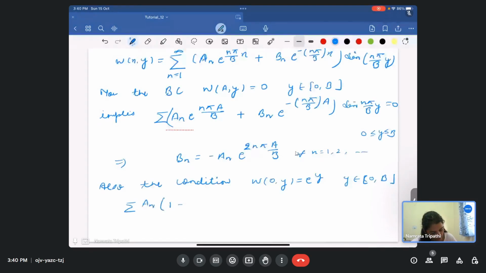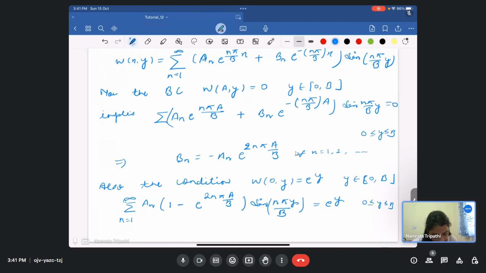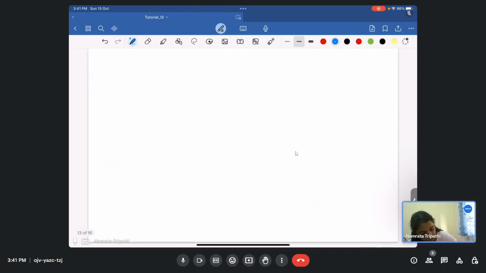So first term after taking an outside is 1, minus e to the power 2n pi a by b into sine n pi y by b, fine. So from here we can find an. Sorry, this is a by b.